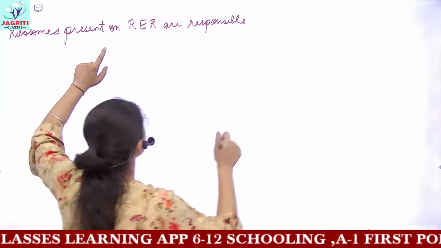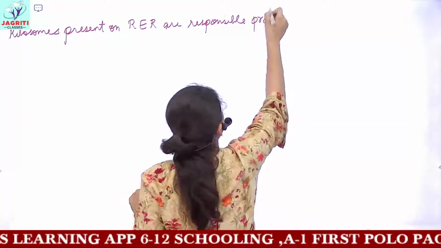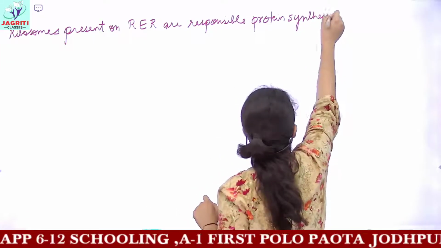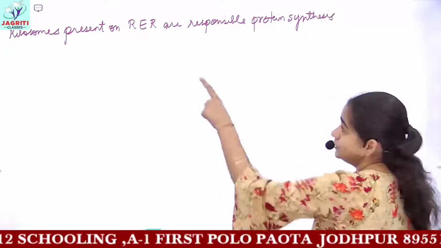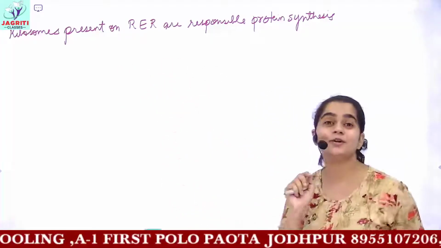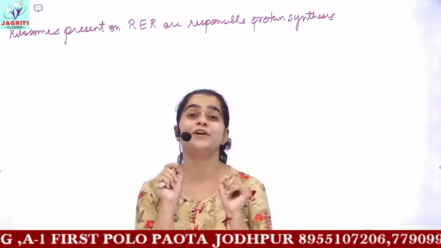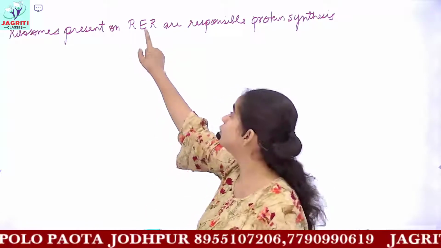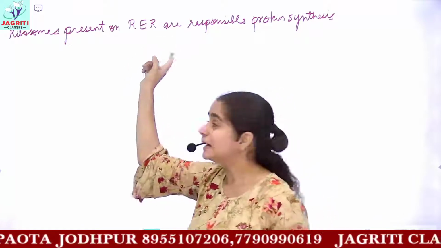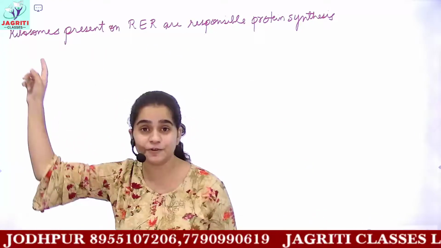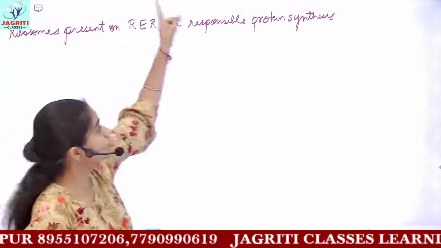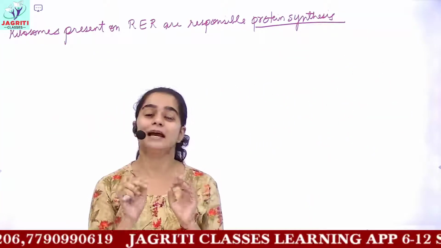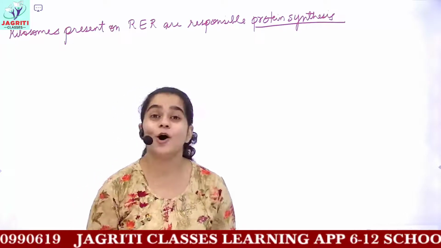Now, the point we have written, you can include in the functions of endoplasmic reticulum. That is, rough endoplasmic reticulum contains ribosomes on its surface, and these ribosomes are responsible for synthesizing different proteins required by the cell or the organism.